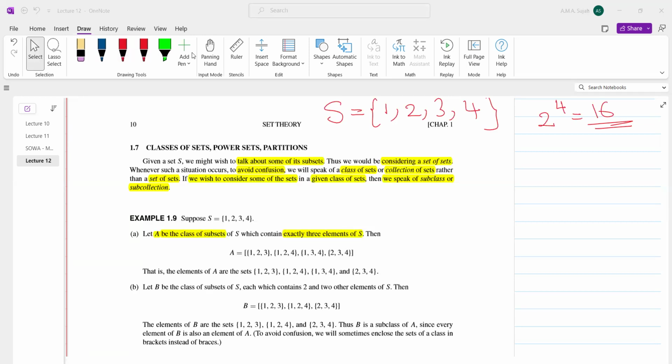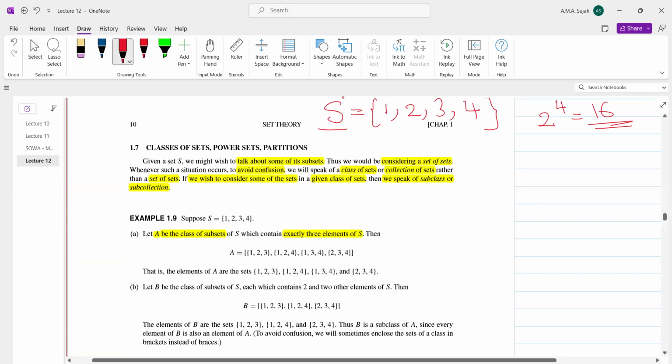I think this is clear. Just imagine you have a set. If any set has n number of elements, and in this set S you have only 4 elements, then by using these 4 elements you can create 16 subsets. Now, if you create some other sets by using the subsets of this S, we can say that is a class of sets.